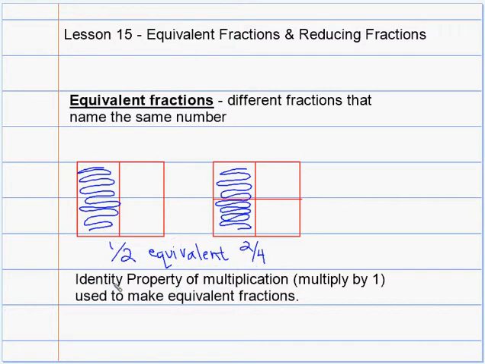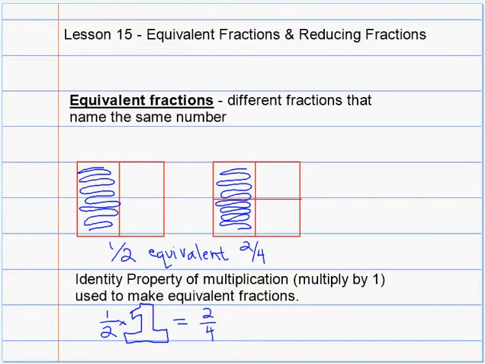Okay, the identity property of multiplication, which says that we multiply by 1 and get the same number, is used to make equivalent fractions. So if we take the example up here, we'd have 1/2 times, and then this is where we need to have 1, and remember I was awful at writing these number 1s down, and then our answer is going to be 2/4.